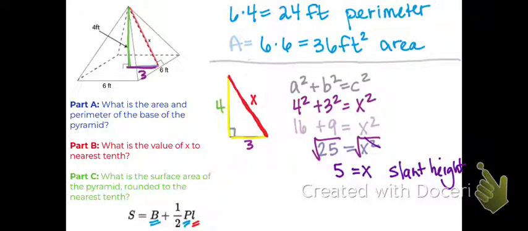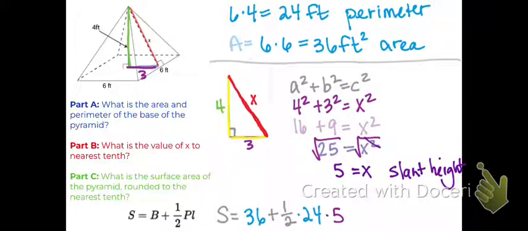Now for part C, we're just going to take all of those values and substitute them into our formula to find the surface area. So the surface area equals the area of the base, which remember that was our 36, plus 1/2 times the perimeter, which we said the perimeter is 24, times the slant height, which we found is 5.